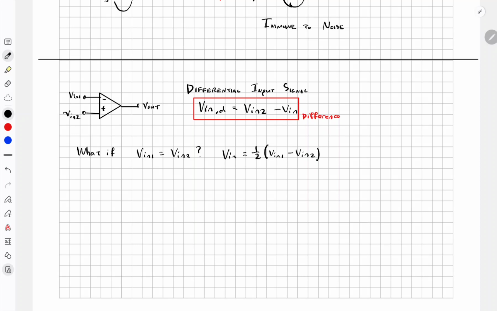It's just the average, right? So the name for this is called the common mode input signal. There's a name for that, V in CM, common mode. It's equal to 1/2 of the sum; this is just taking the average of the two.